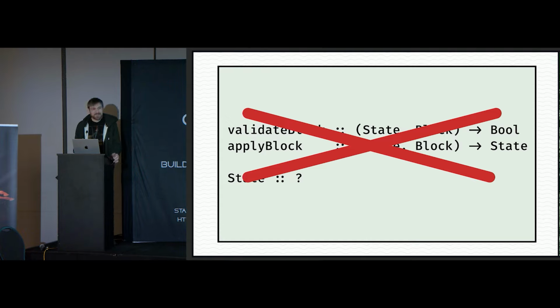Isn't that kind of crazy? I mean, this is literally what we're reaching consensus on, the state of the Bitcoin network, and yet the system itself does not seem to have a clear conception of what it is. So this is the refactor that we're undertaking here. First, we have to figure out what this state is, and then we need to figure out how to implement these pure functions.